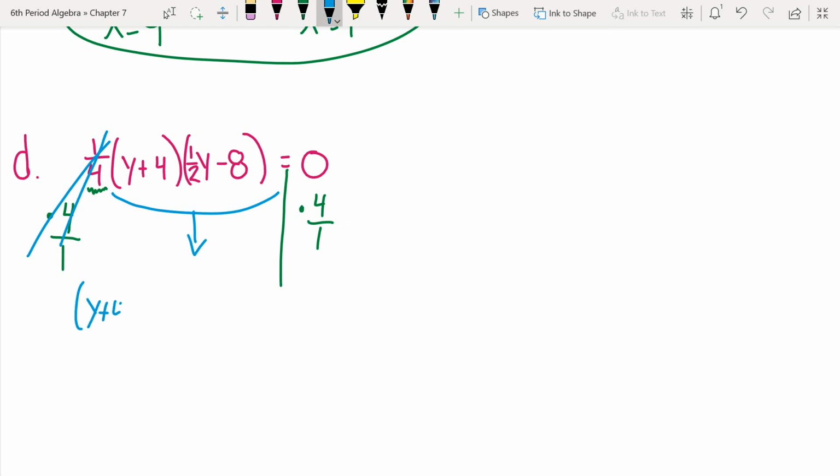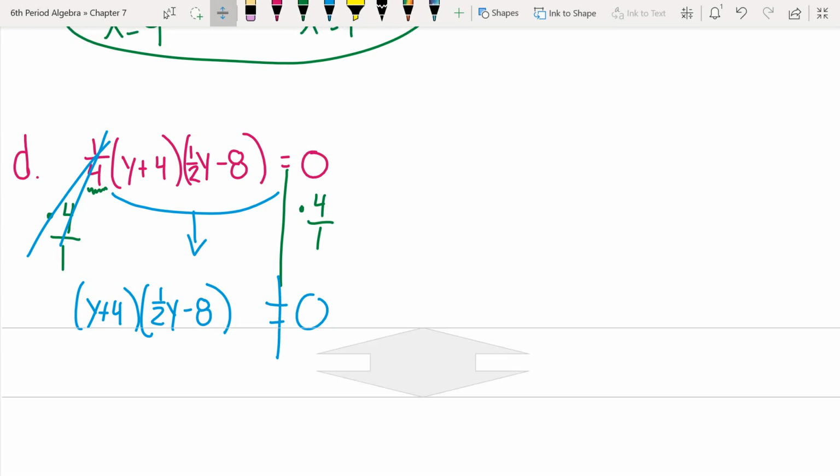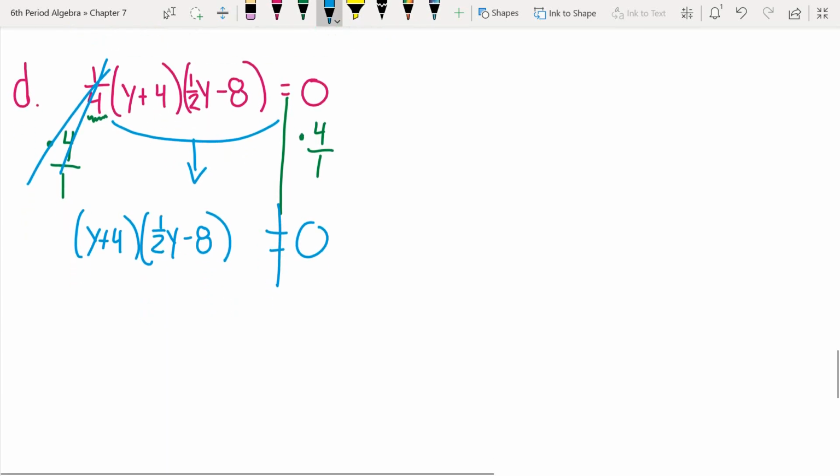y plus 4 times 1/2 y minus 8. And this still equals 0. Why? Anything times 0 is 0. So even if I have 4/1 times 0, it's still 0. Now we can break this up and apply the zero product property, which says split this into two problems.